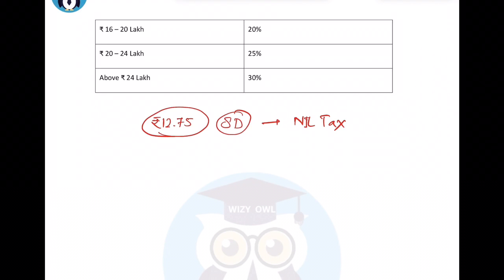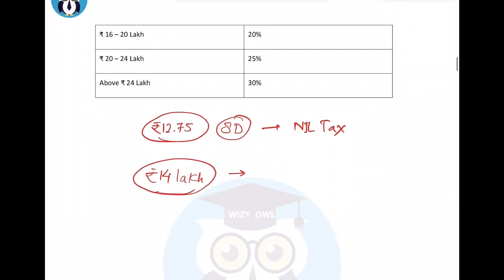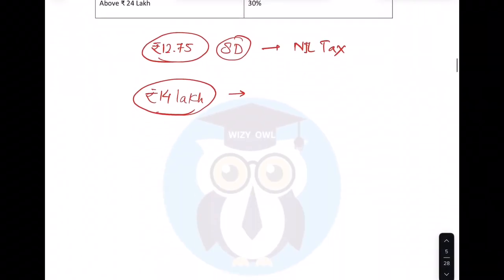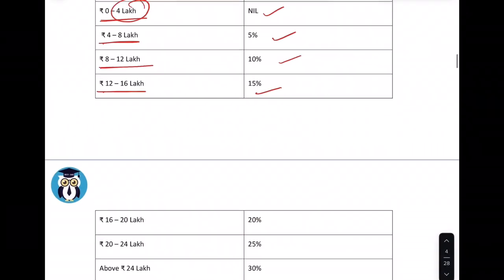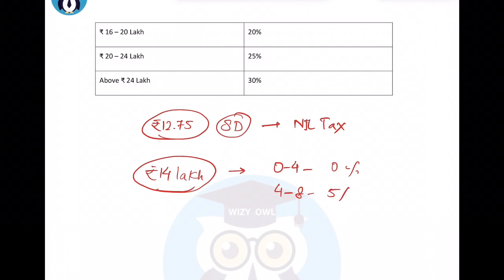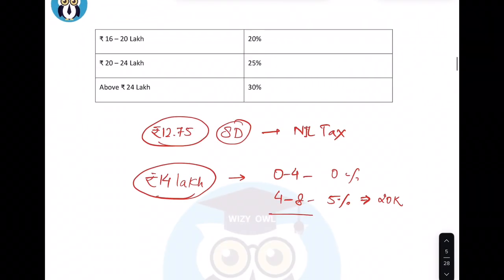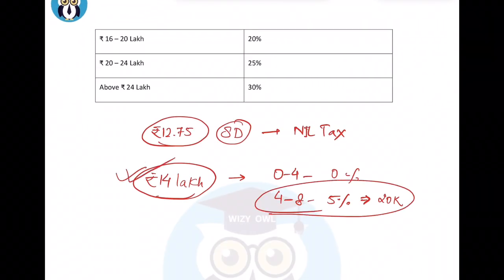But if the amount exceeds, let's say 14 lakh, then up to 4 lakh, you pay 0%. Then next 4 to 8, you have to pay 5%, which means 20,000. Similarly, you have to pay the taxes, which means you are not exempted from this.